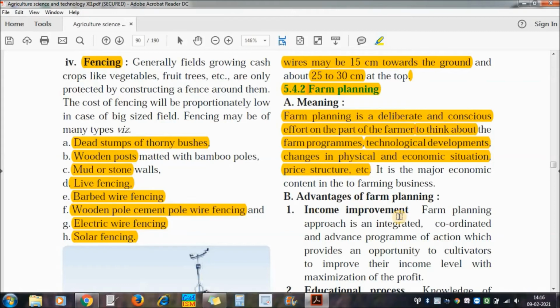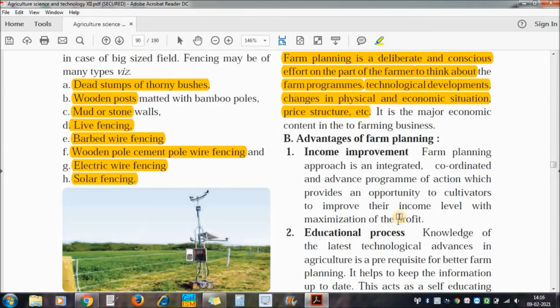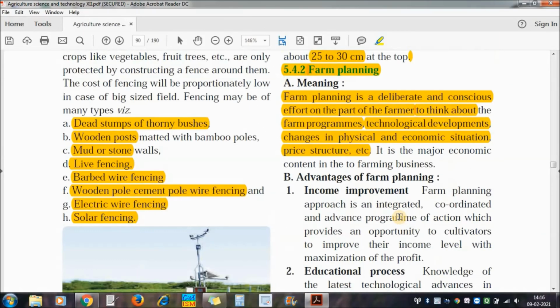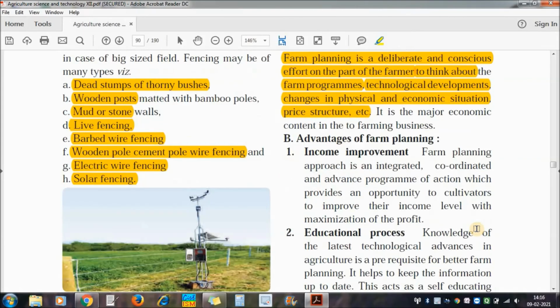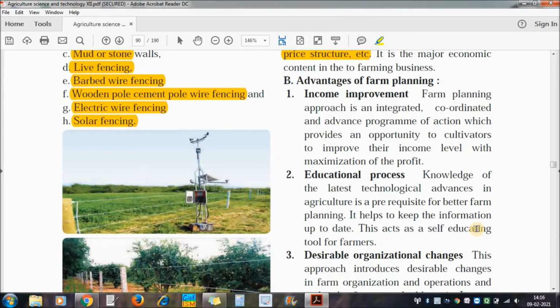So we have to make deliberate efforts for farm programs as per the technology available. If planning is not done, there is a greater possibility of great loss of inputs. Farm planning is to be done very much in advance as per the requirement. Now, which are the advantages of farm planning?